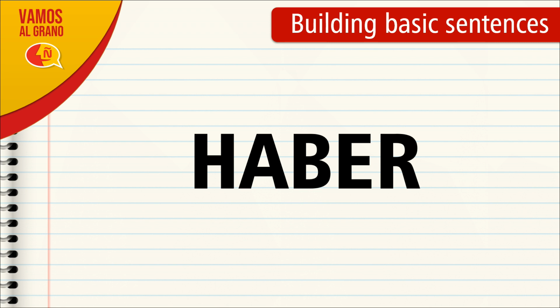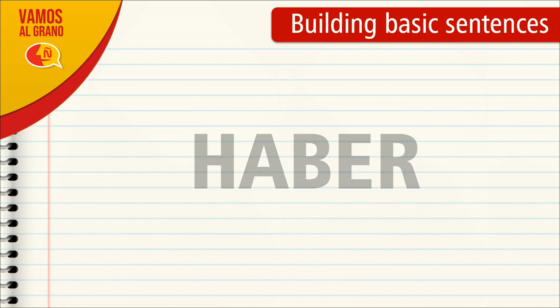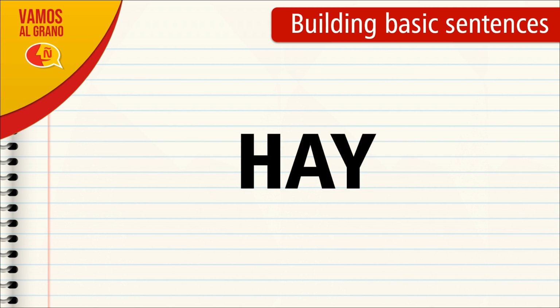But for now, remember that hay is the impersonal form of this verb. Okay? So unlike other Spanish verbs, which conjugate according to the subject, hay is always hay in the present tense. It doesn't change, okay? Whether you are expressing the singular, there is, or the plural, there are, it doesn't change. Or it doesn't matter if you are talking about a feminine subject or a masculine subject.